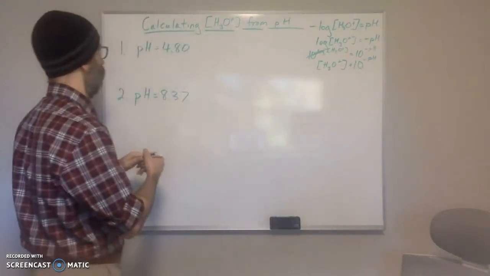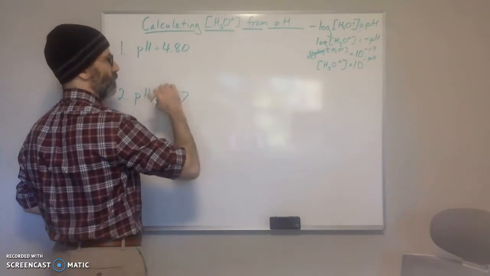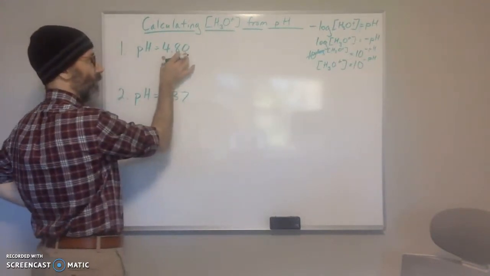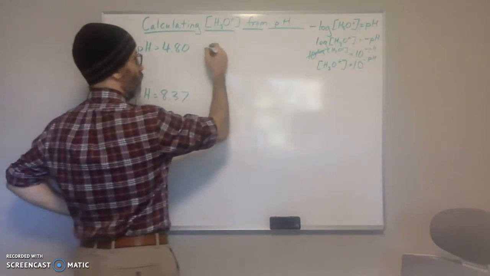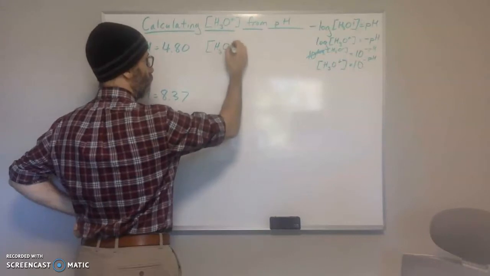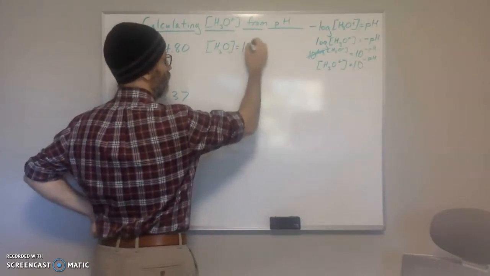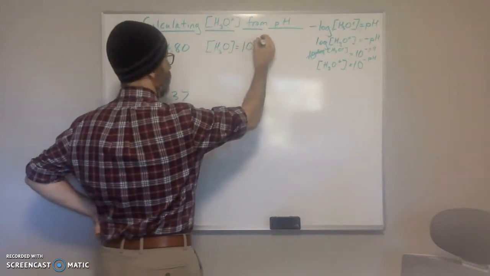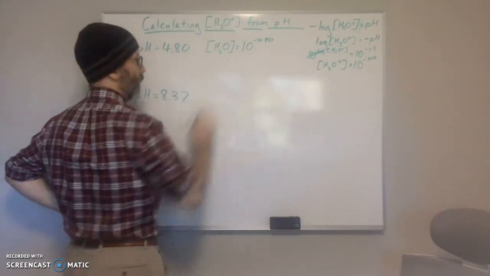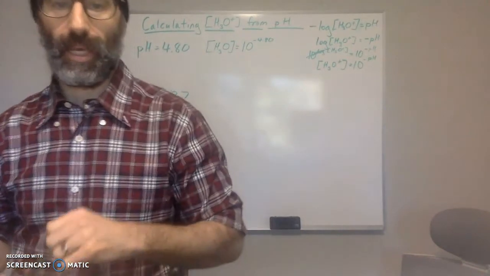So here we go. I want to find the H3O plus concentration. They're giving me 4.80 pH. So that means the H3O concentration is equal to 10 to the negative of that pH, negative 4.80. Now I just plug that into my calculator and it'll spit out the answer.